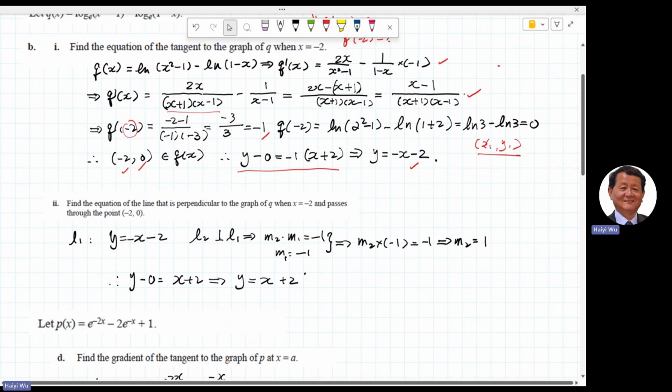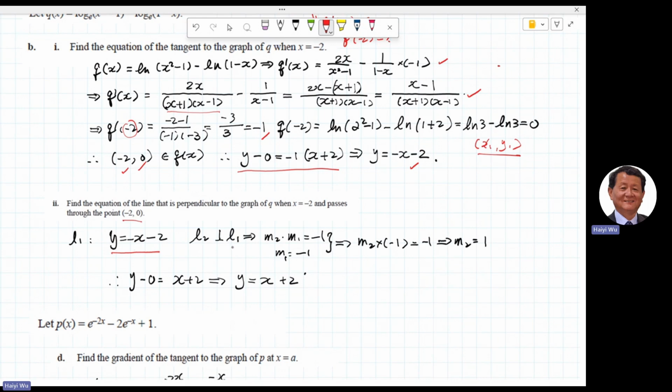Okay, question 2: find the equation of a line that is perpendicular to q, meaning perpendicular to the tangent. It has the same point, and the equation of the tangent is y equals negative x minus 2.